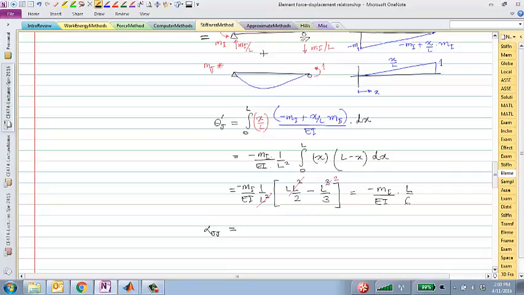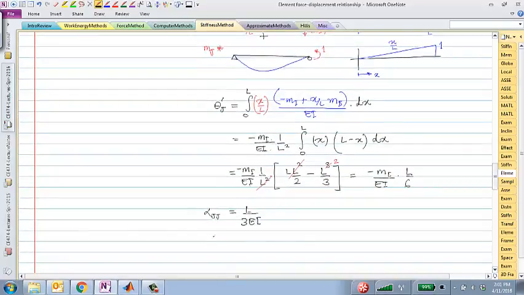In this case, I have a moment applied here, and I want the rotation at the right end. So that would be m0 L over 3EI. So L over 3EI would be the rotation at this end, just reading off of the table from your front cover of the book.